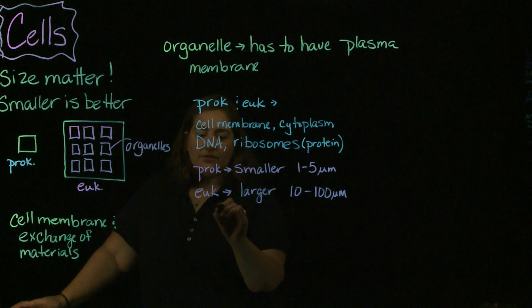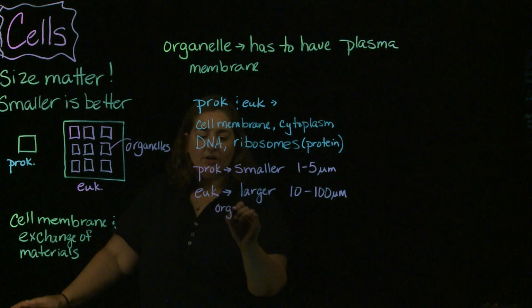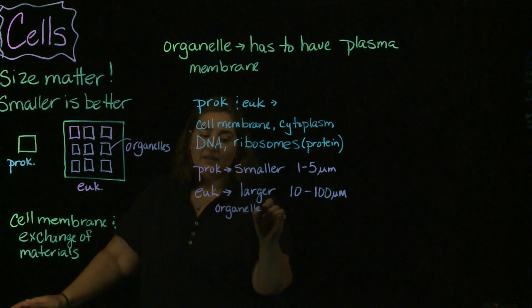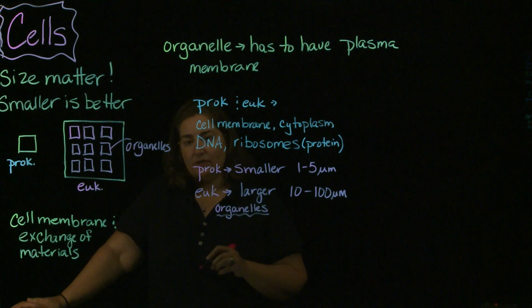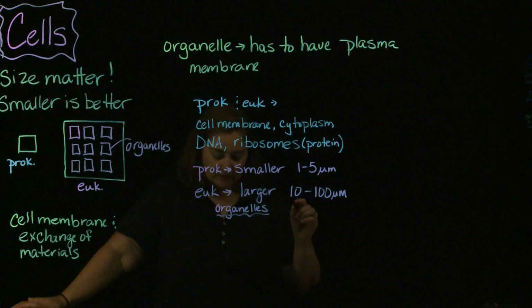Eukaryotic cells also are going to contain organelles, and that's going to be one of the big differences between prokaryotic and eukaryotic cells. All right.